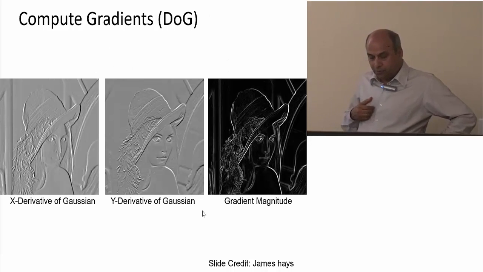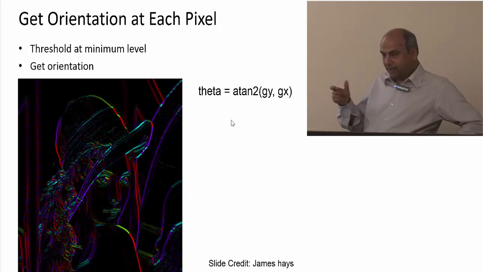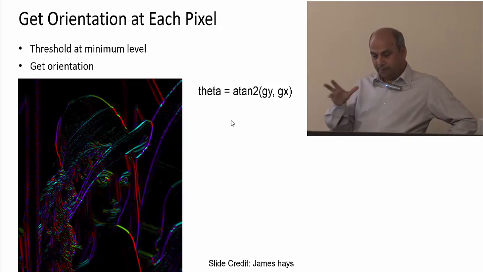Then you can apply those to the Lena image. This is the x derivative, this the y derivative, and the gradient magnitude. Here are more examples. And these are the directions, and there's some color convention we are using for the directions.